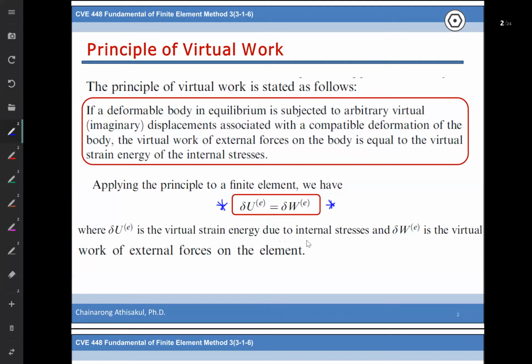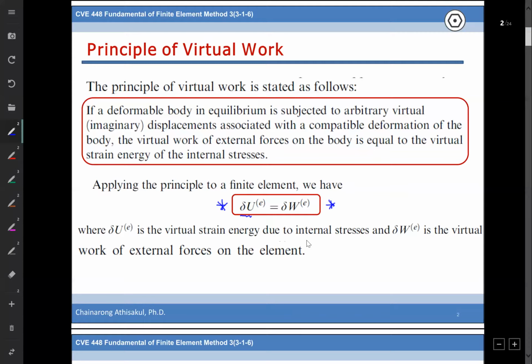So the principle of virtual work has this additional term, the strain energy, and it states that the virtual strain energy due to internal stress is equal to the virtual work done by the external force. And this is the equation for the principle of virtual work.